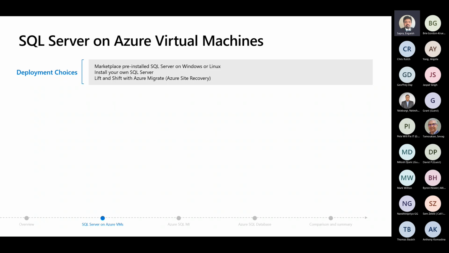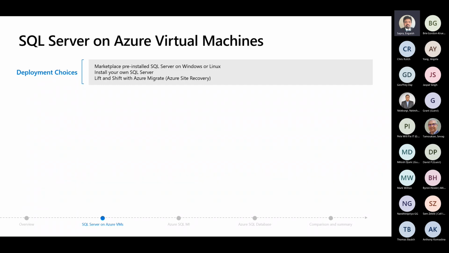There are multiple deployment choices: from the marketplace, pre-installed SQL Server on Windows or Linux, or you can install your own SQL Server. A lot of customers may have their own gold image that is security compliant from their security team. In that case, they can install that image as well.